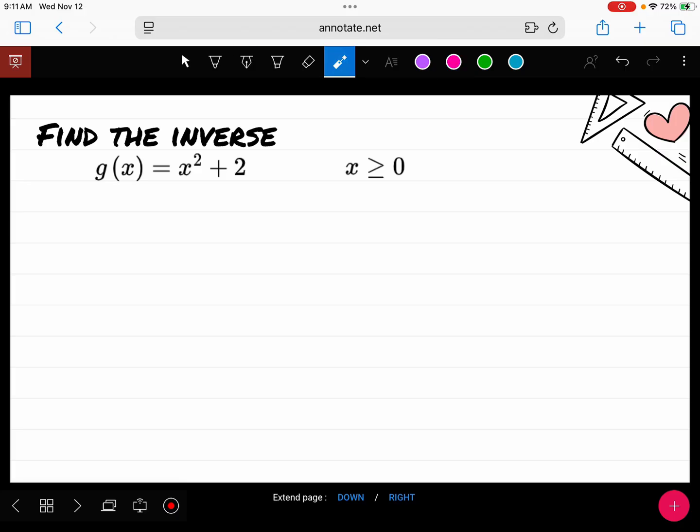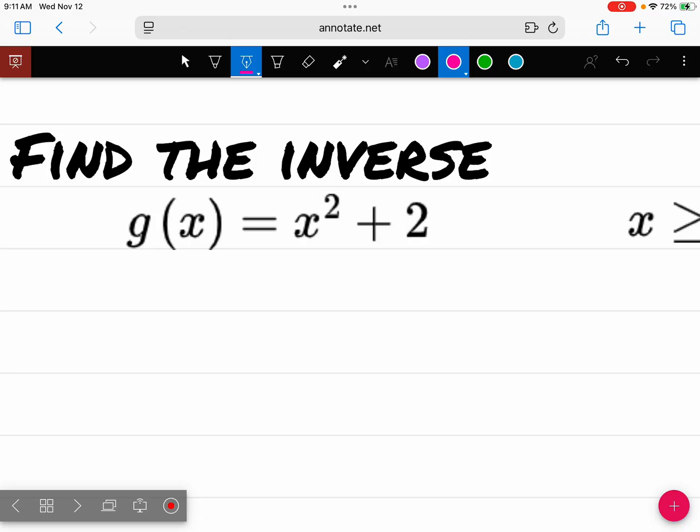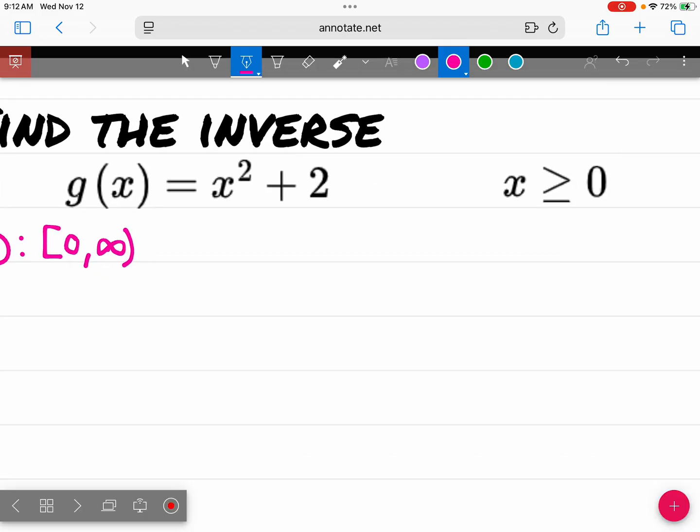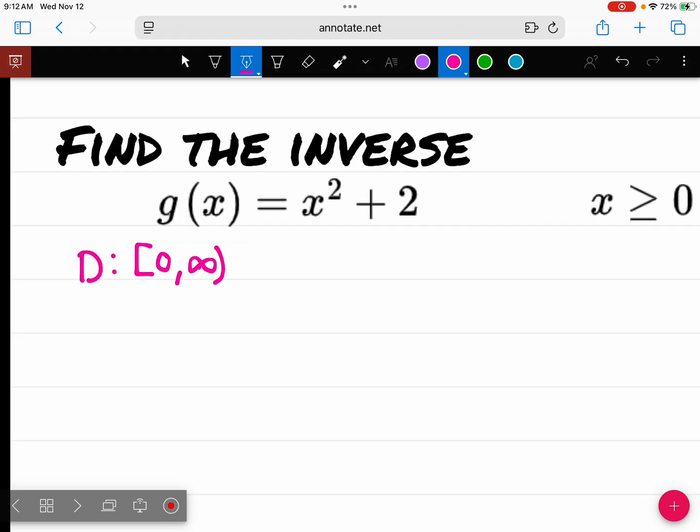So when we're looking at this, genuinely, it doesn't change anything we do, except that our domain is not going to be negative infinity to positive infinity. It's going to be from 0 to infinity. That's the only thing that changes. Our range we could figure out. What's our range going to be?